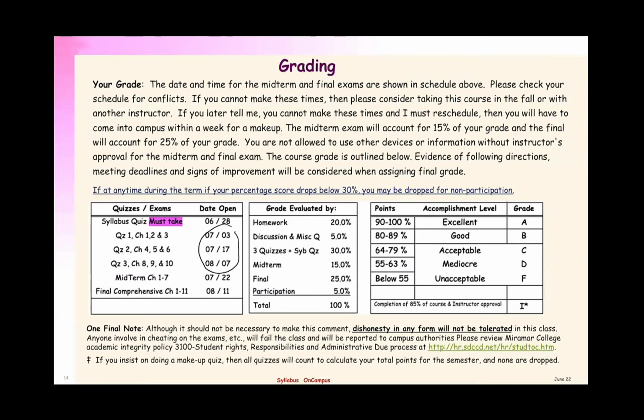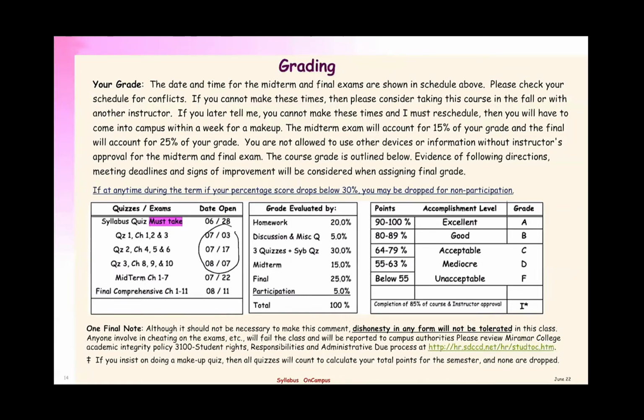And so until I release it, don't worry about your grade, because it'll probably get adjusted just based on the fact that Canvas makes a lot of mistakes and it cannot grade fill in the blank correctly, or essay questions correctly, or show your work correctly. I have to do that by hand. So please keep that in mind.